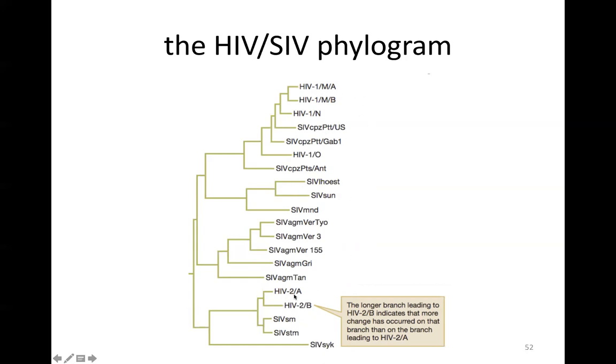And so, for instance, when you compare these 2 HIV strains, this suggests that this strain, HIV2B, has changed more than 2A. And that could be because perhaps it got transmitted more often. I might give you this phylogeny and ask you how many times, minimum, HIV might have infected humans from primates, and you should be able to answer.